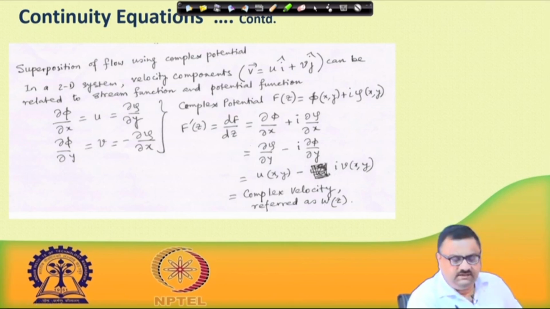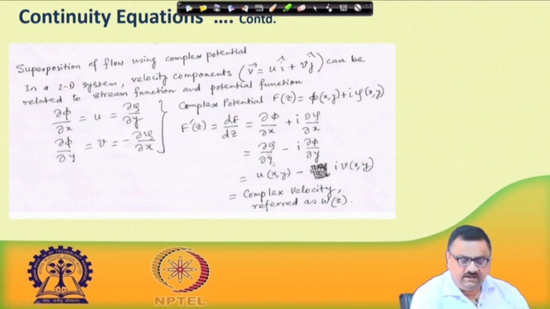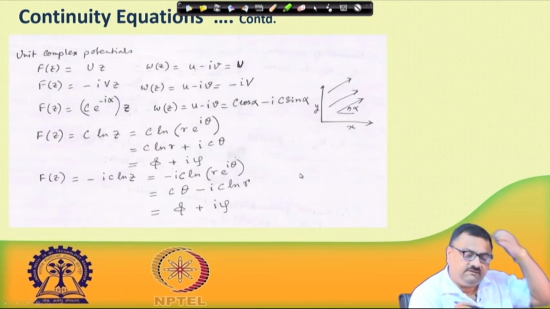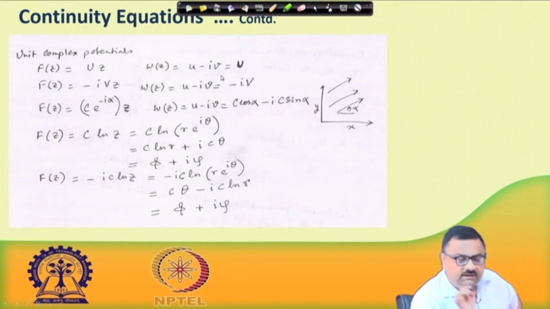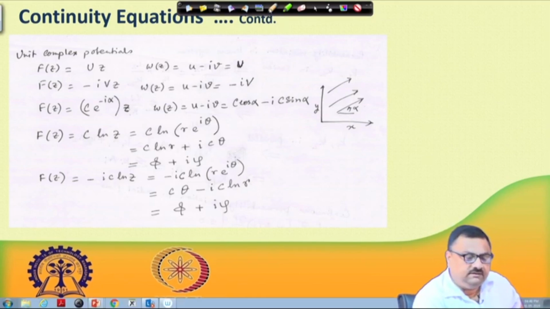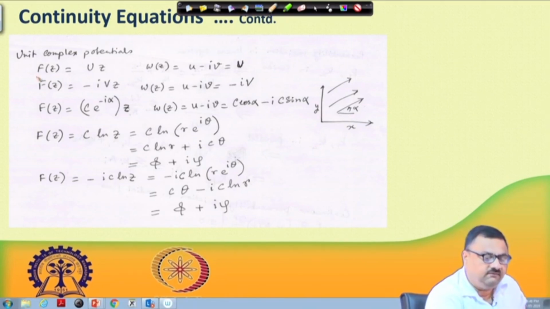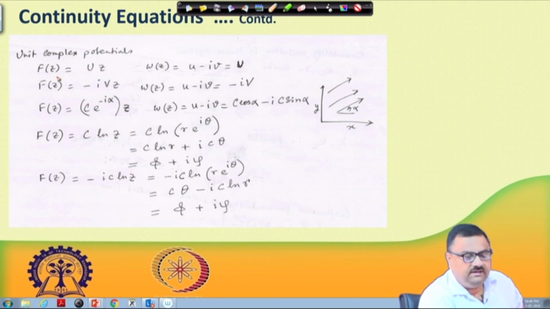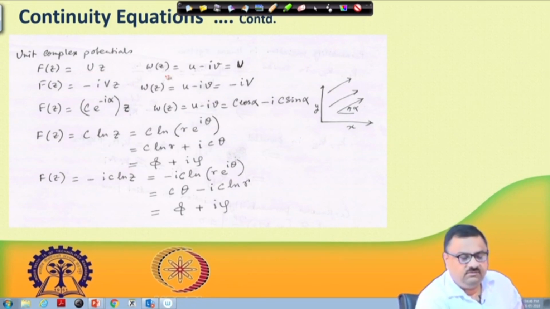If w is df dz and w is u minus iv, then when we take the derivative with respect to z, we get U. So, df dz is U. So, w(z) is u minus iv, and on the other hand, if we take the derivative, it is capital U.